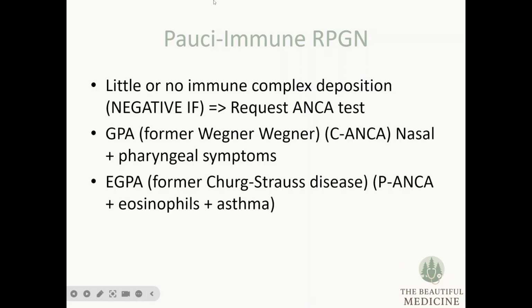For example, if you see a question where you have blood from the nose or pharyngeal symptoms and blood from the upper airways, but also nephritis, you could say that could be Goodpasture or Wegener. So Wegener has negative IF, and then you do the ANCA test after that.